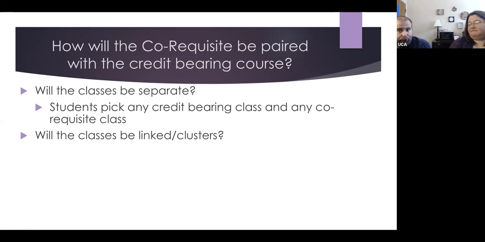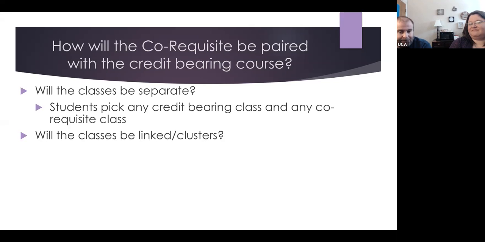So a lot of times we've had to just put it in the notes that they're paired. That can create other issues in that advisors will only put them in one part of the pairing. So we are constantly staying on top of those numbers to make sure that they are equal in both parts of the pairings.